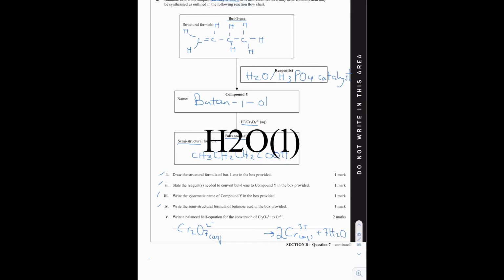And then what I need to do from there is balance my hydrogens by adding H+ or protons or acid to the other side. And I've got 14 H+ ions, so I just add 14 H+ to this side. That plus was a bit too shifted.